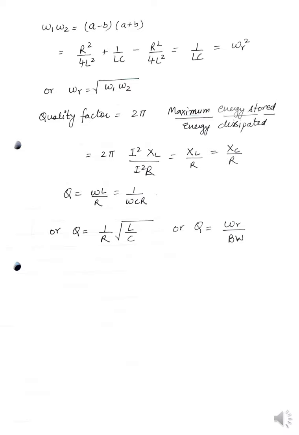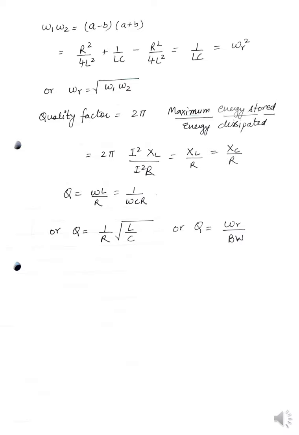So if you need to find the quality factor using this, quality factor is equal to 2 pi into maximum energy stored divided by energy dissipated. The maximum energy stored can be across an inductor or a capacitor, because first of all the inductor will store the energy and then it will start transferring energy to the capacitor.